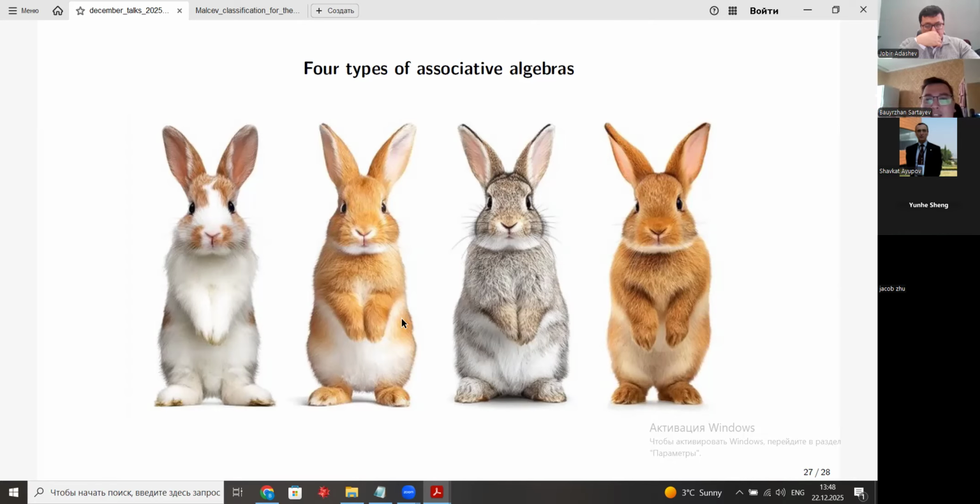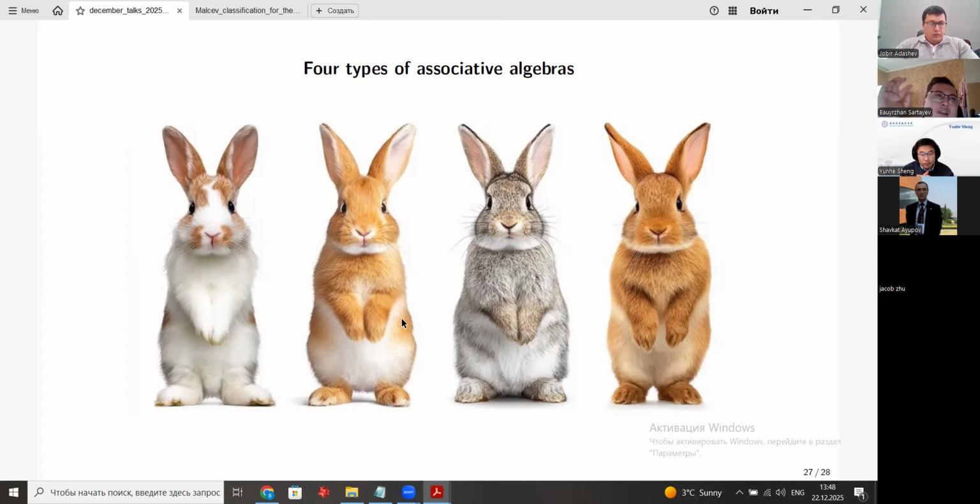I chose these four rabbits because they are similar. You see, their difference is maybe just the color, because we know that the third and the fourth associative type algebras are isomorphic to each other relative to the reverse operation, and relative to the commutator they also look similar. They are not absolutely the same, but they look similar.